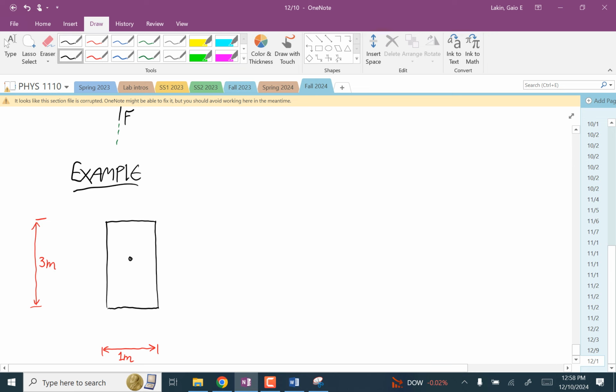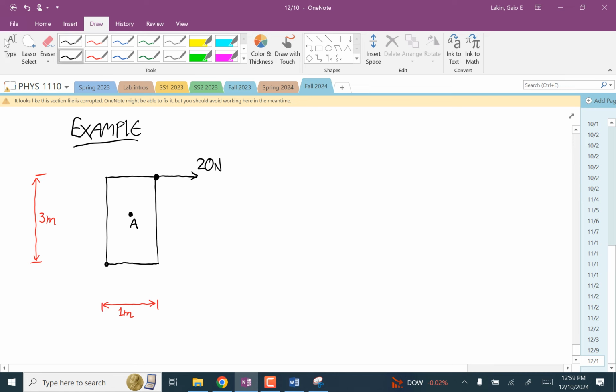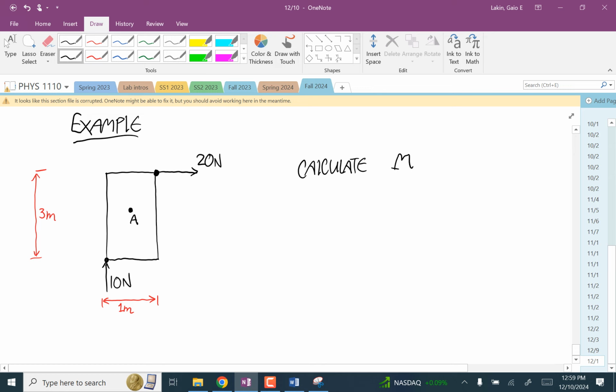And the hinge is right in the middle. And let's say that there's a 20 Newton force here and a 10 Newton force here. And we want to calculate the net moment. So that's just the sum of the moments from the 20 and from the 10.